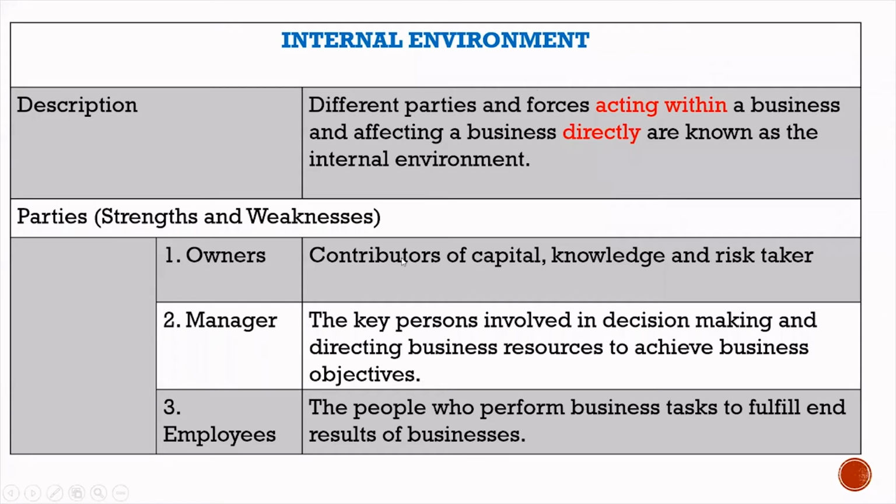If we take, for example, the ability of the owners to give a pool of funds, it will be considered a strength, while his lack of knowledge will be a weakness to conduct the business. I hope you got the idea what strengths and weaknesses are.